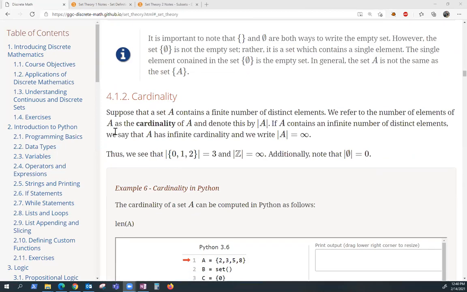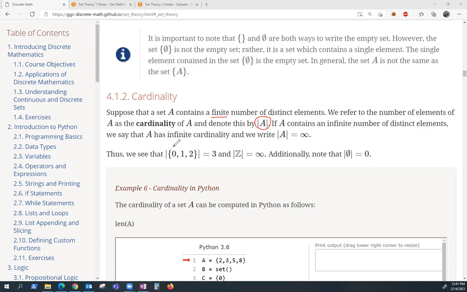One idea that it's important to know about is what's called cardinality. Simply put, cardinality is the number of elements in the set. Now, this is a discrete math class, so most of the time we're only thinking about finitely many elements of a set. And we denote it by what looks like an absolute value sign.